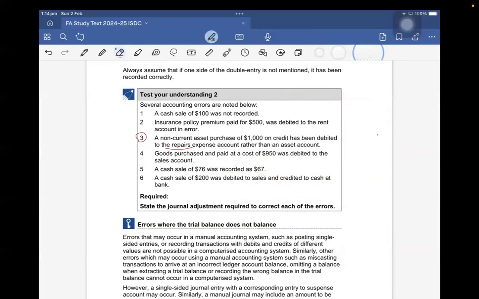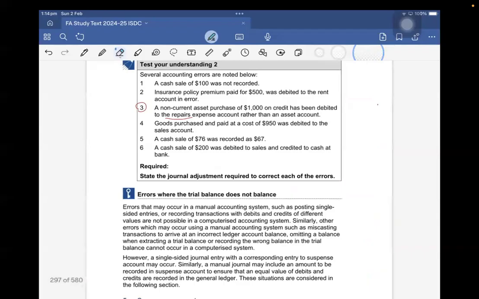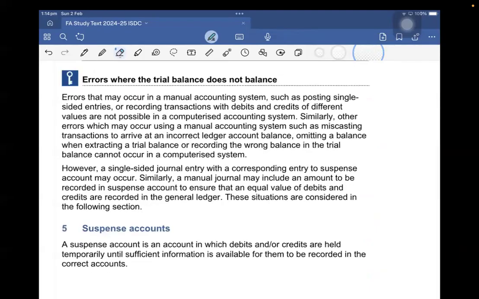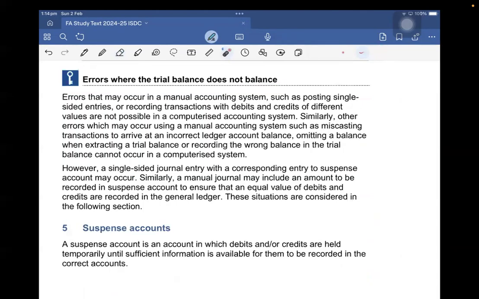Clear? Okay. So the next section is errors where the trial balance does not balance. The property of the trial balance is that when you have taken in everything correctly, that is when you have prepared the proper ledger accounts, it should tally, right? Debit would be equal to credit.